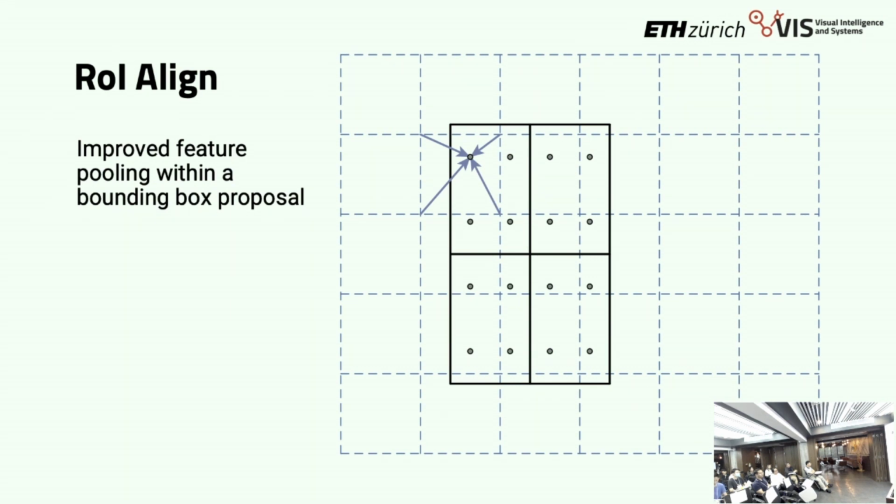And then here we basically do a bilinear interpolation to get the feature for each location. And of course, here we are also looking for higher resolution pooled features, such that we can get a better sampling of pixels and therefore a higher quality mask.